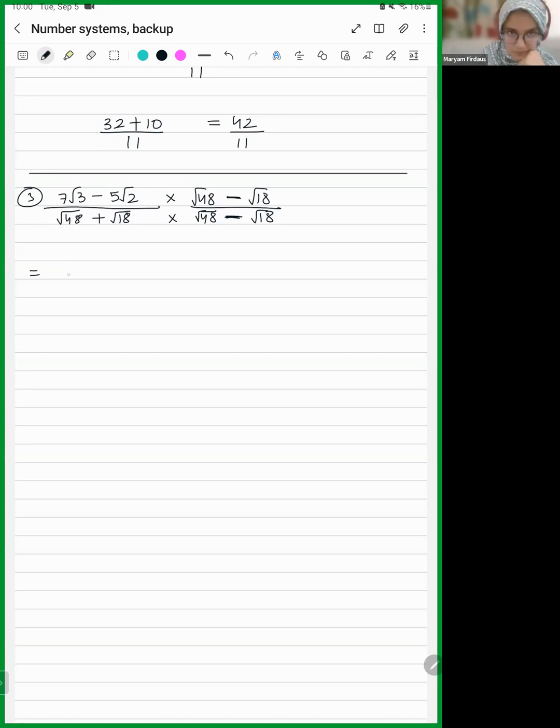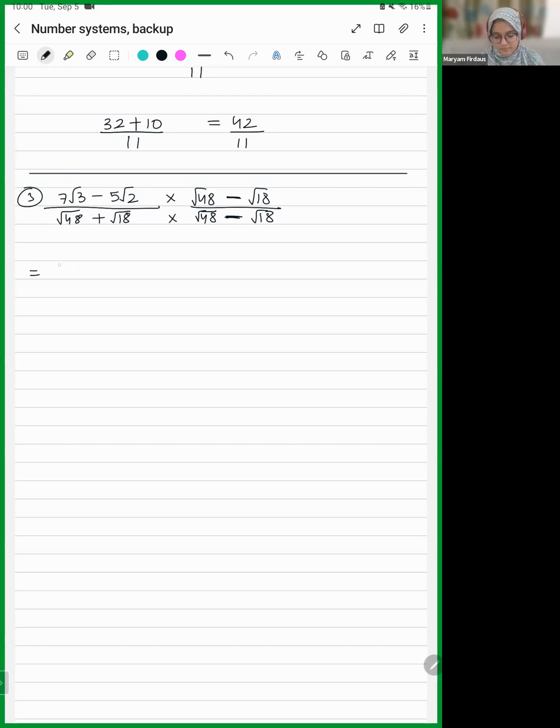Ma'am, will it be 7 into 5, something like that? Type your answer in the chat box. No, Munir, the first step. Okay, the first step. See, the first step, Munir? Tell us.